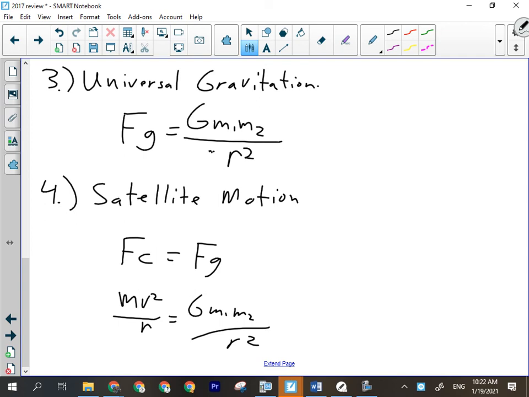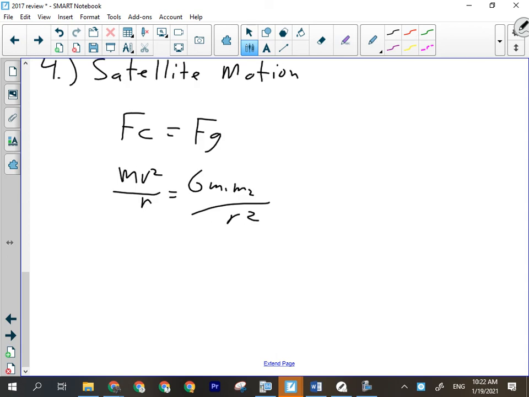The other situation would be if, instead of giving you the ability to get V, I give you what instead? Yeah, Kai's giving me the symbol over there, T. I give you period instead. I tell you how long it takes to make one orbit.